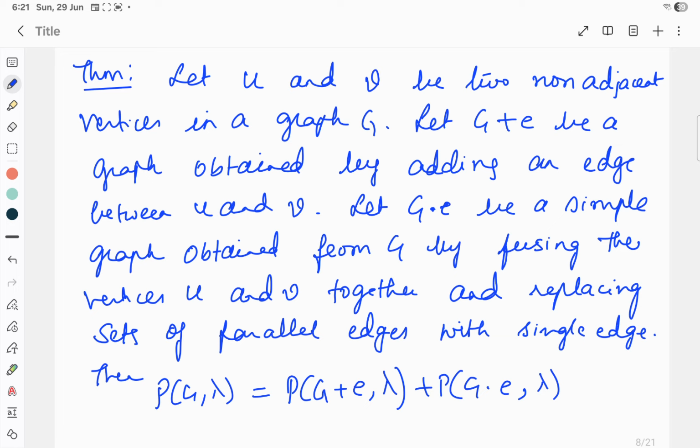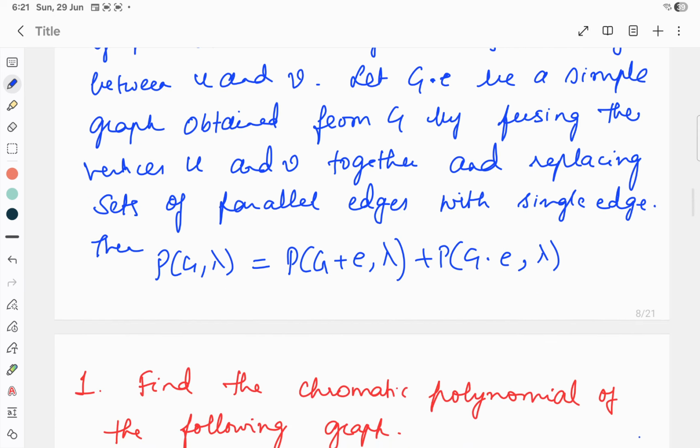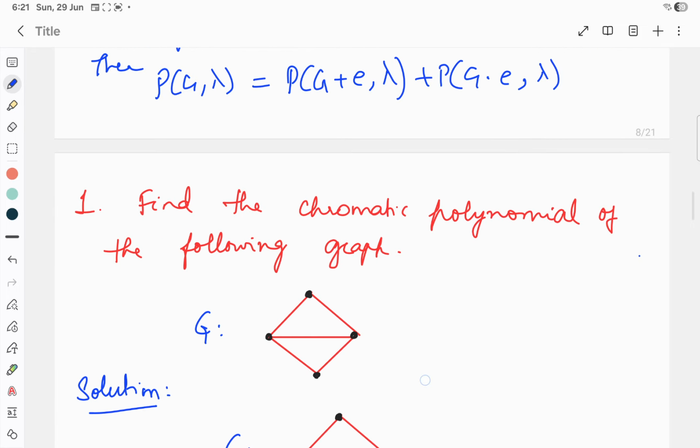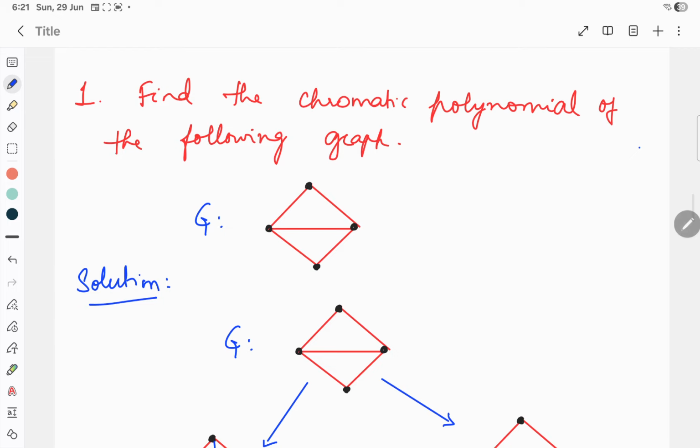Okay, so this can be seen in an example. The theorem we have stated now is applied to a problem. Let us see how. Find the chromatic polynomial of the following graph. So graph G is given, with 4 vertices and 5 edges.